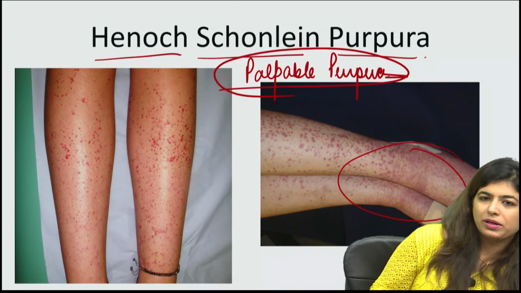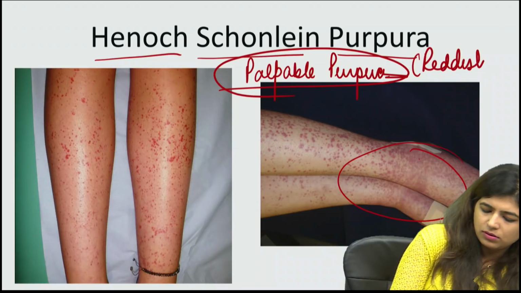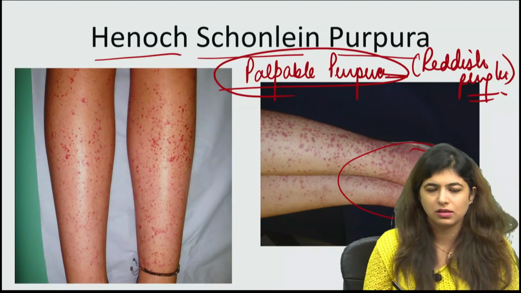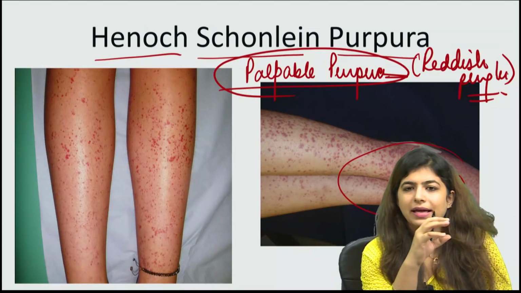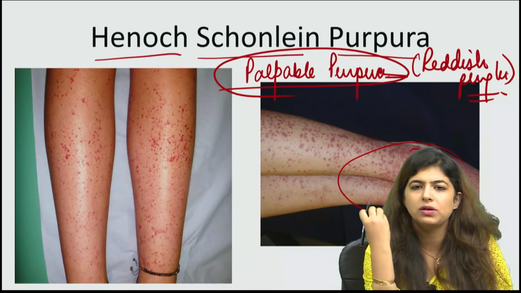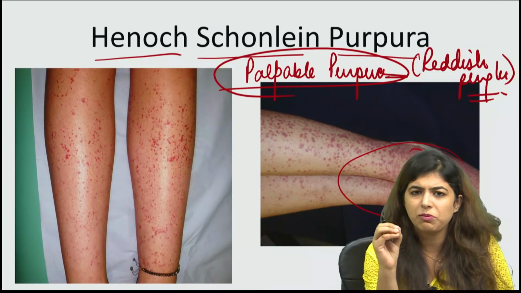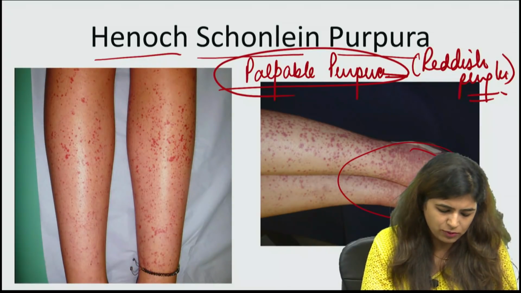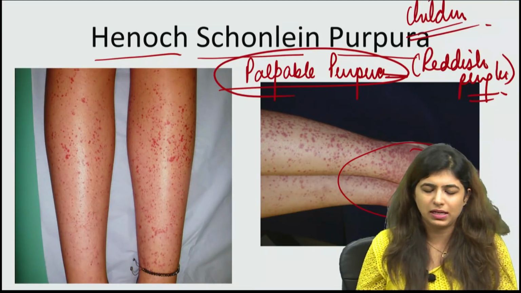They are purpuric, means they are reddish purple. They are not brown. They are reddish purple lesions, and they are seen on the legs, the thighs, the buttocks, associated with abdominal pain, arthralgia, blood in the stool. It is an acute type of vasculitis most commonly found in children. So this is most commonly found in children, not in healthy adult males.